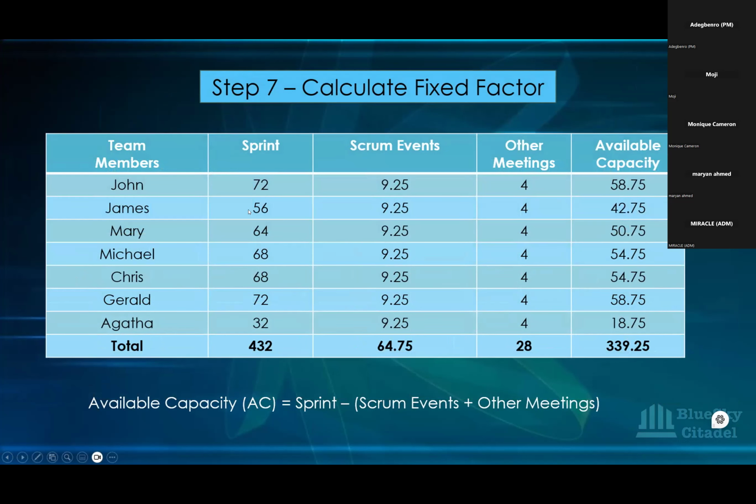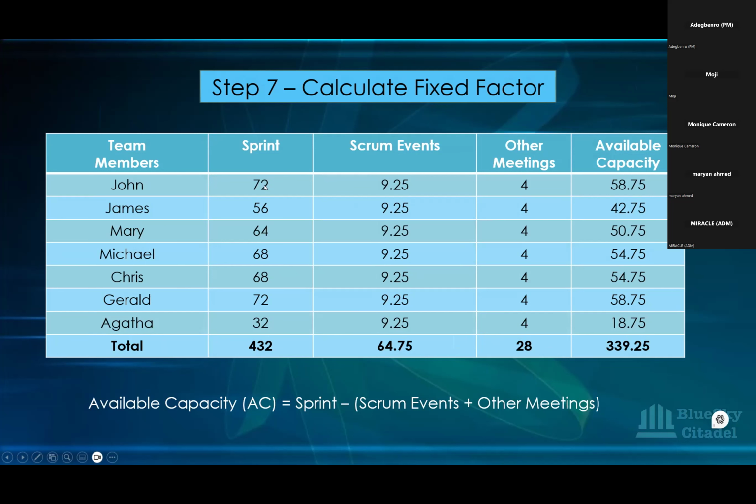Okay, so if we go now to our chart, you'll know that this is what we have for the sprint. After we've removed all the bank holidays, half day off, full day off, this was what we have. We had 432. We now need to remove the total for the Scrum event and the total for the other meetings from that total to know what we have left.